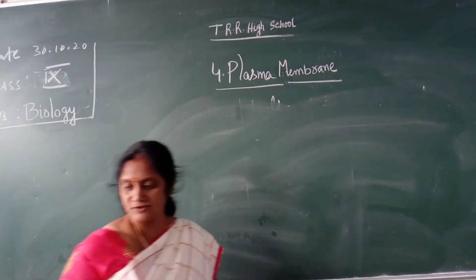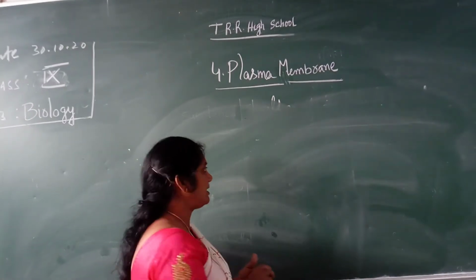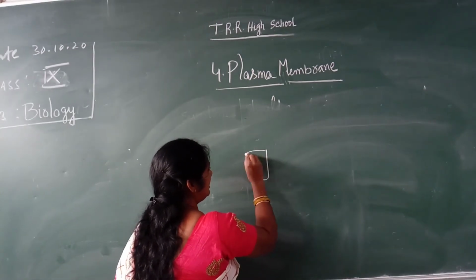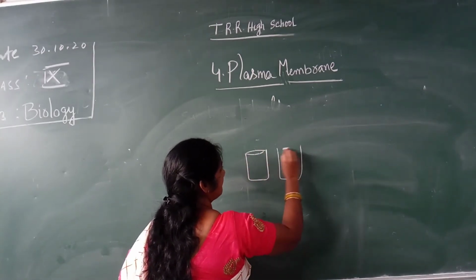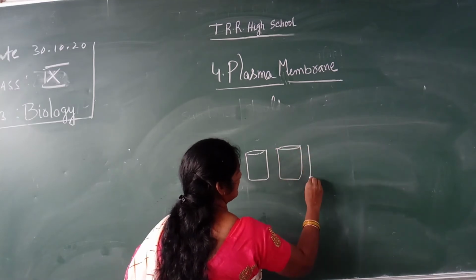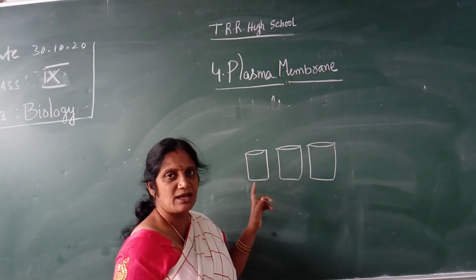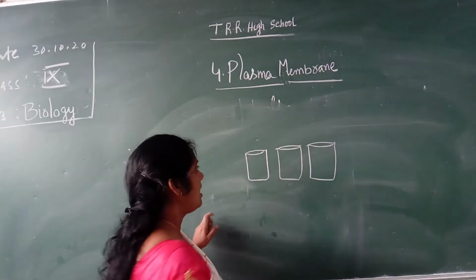The second activity is to take 3 beakers. The volume of each beaker will be 100 ml.